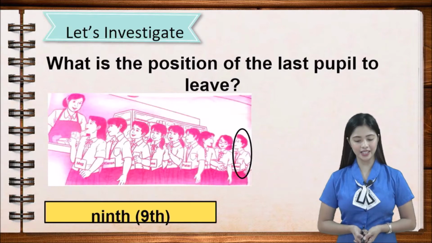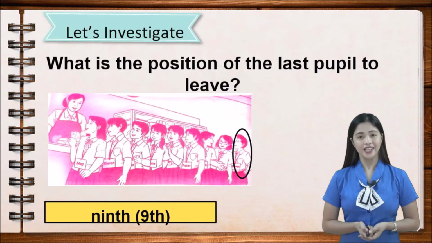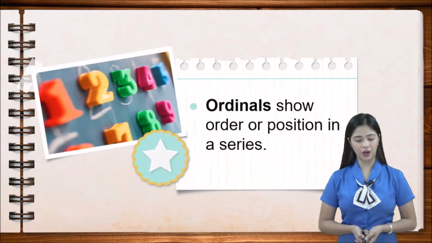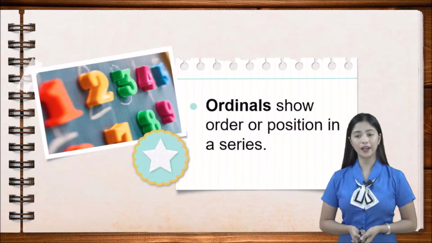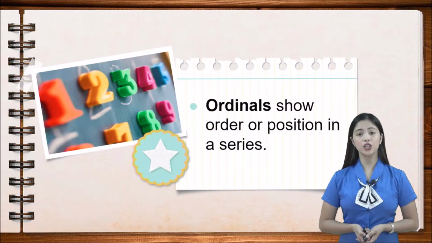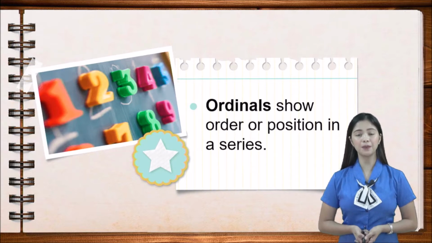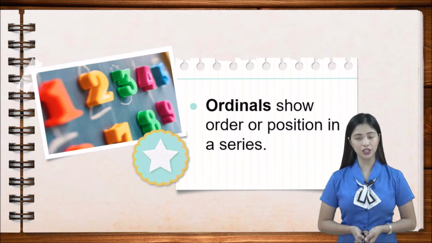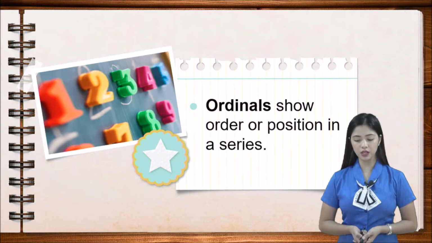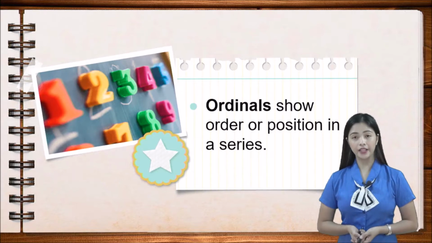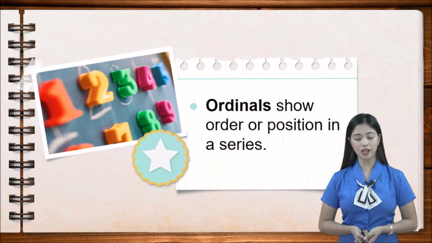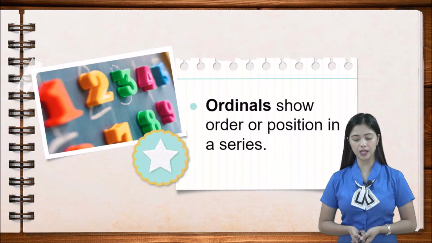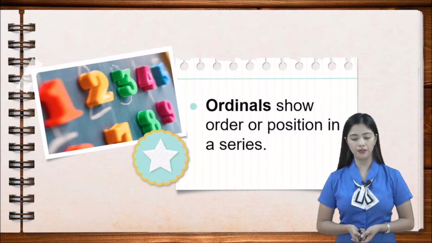So today, kids, we are going to talk about ordinals. Ordinals show the order or position in a series. They indicate the position or order of something in relation to other numbers, and also show the arrangement of something in a group of objects.